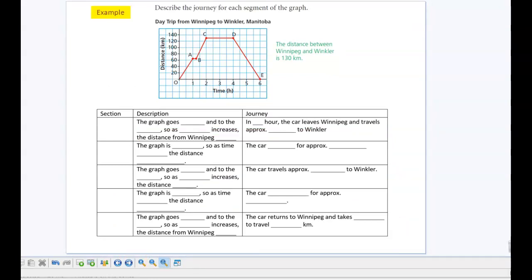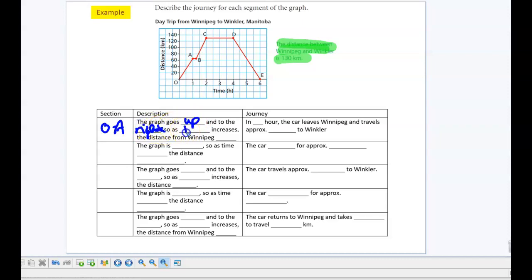Okay, in this next example, we're going to describe the journey of a day trip from Winnipeg to Winkler, Manitoba. And it tells us here that the distance from Winnipeg to Winkler is approximately 130 kilometers. So the first section, we're going to look at section O to A. And if we look, the graph goes up and to the right.